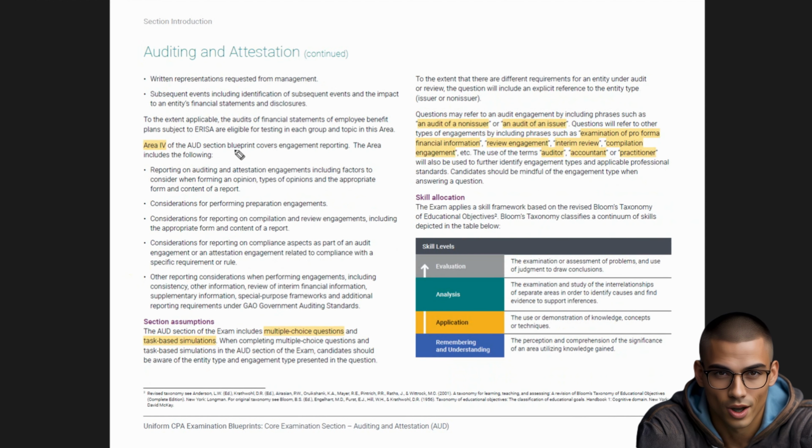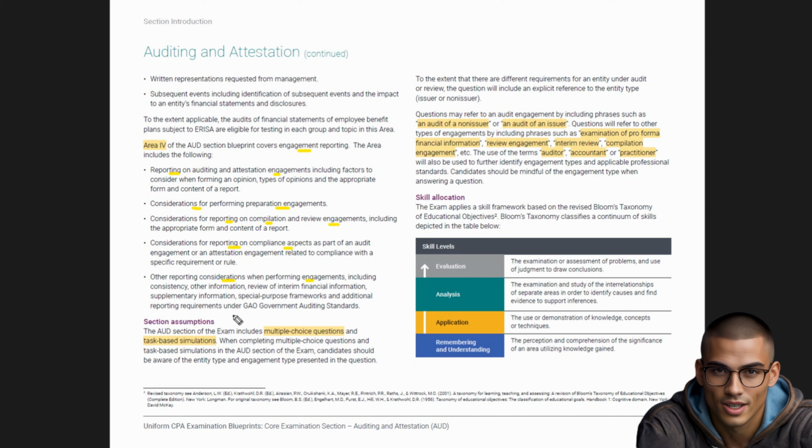Moving on to area 4 of the exam, this area covers engagement reporting, so this is going to include reporting on auditing and attestation engagements, considerations for performing preparation engagements, considerations for reporting on compilation and review engagements, considerations for reporting on compliance aspects as part of an audit engagement, and other reporting considerations when performing engagements.